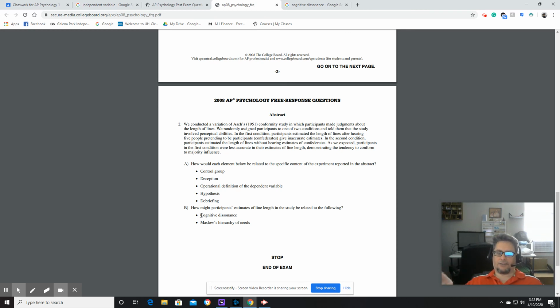So Maslow's hierarchy of needs plays into this because lower levels of the hierarchy are overriding higher levels. If you can't get the lower levels met, then the higher levels don't matter. If you can't breathe, then you're not caring about your yoga class, right?